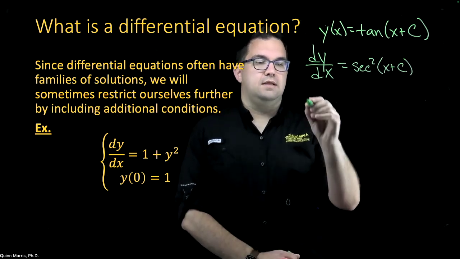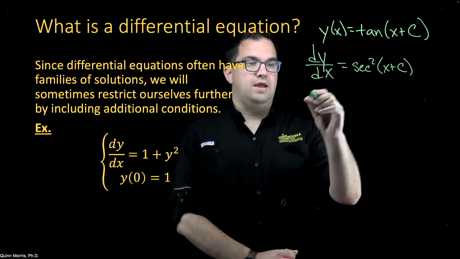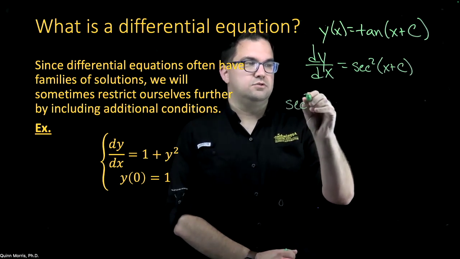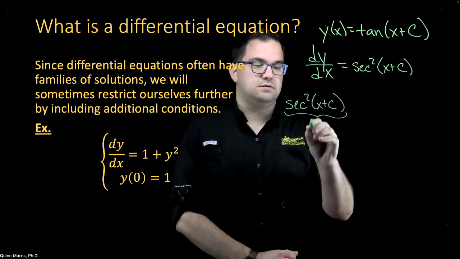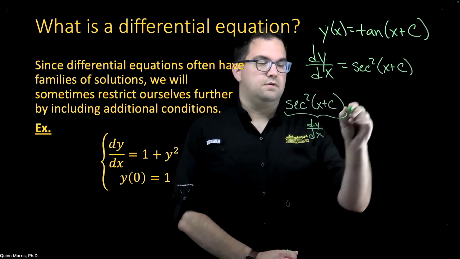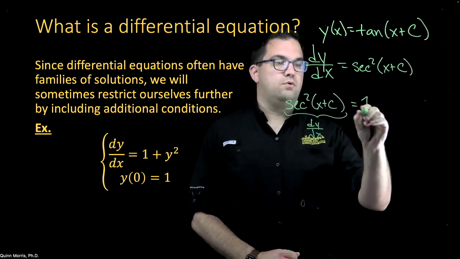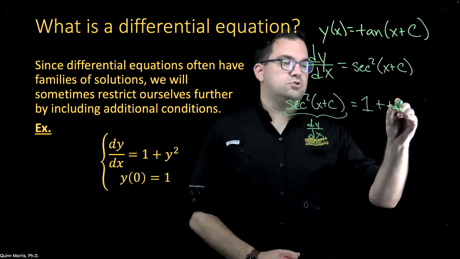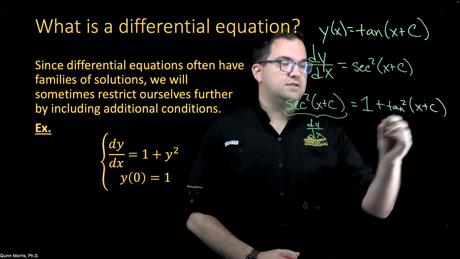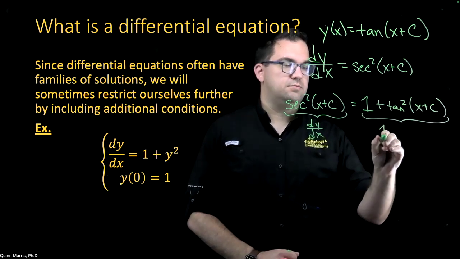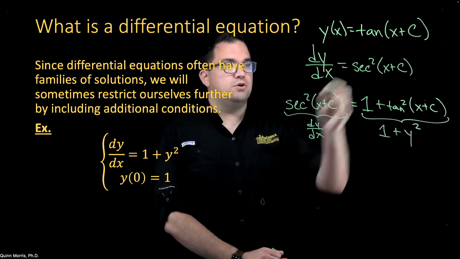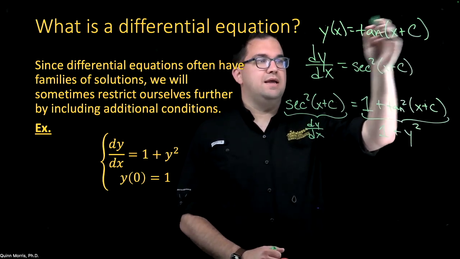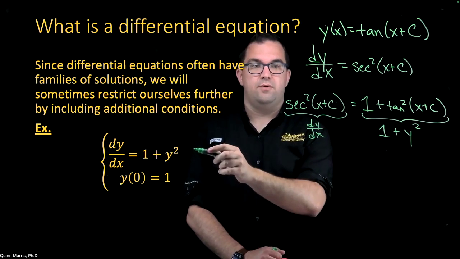And so then we have again that secant squared of x plus c, that's my dy dx, is equal to 1 plus tangent squared of x plus c. And again, this is just my 1 plus y squared. So this is in fact a solution for any value of c to the differential equation.